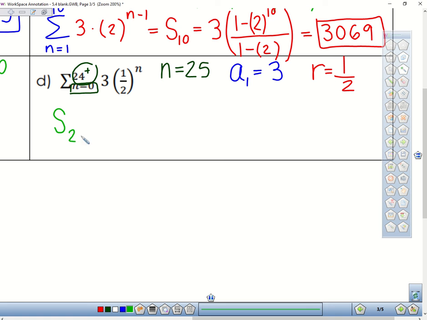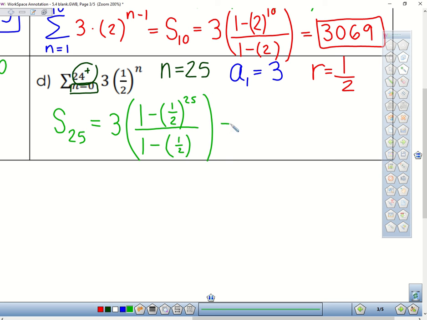So I want to find the sum of the first 25 terms, which is equal to my first term times 1 minus my common ratio to the power of n all over 1 minus 1/2.